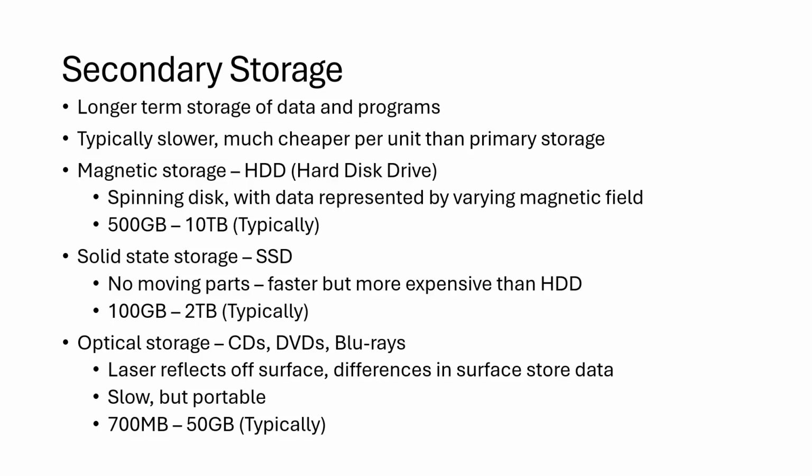Typically these come at a storage size of 500 gigabytes to about 10 terabytes. I think you can get 20 terabytes, but that's really on the high end. Typically, if you have one in your computer, it's going to be a terabyte or two.